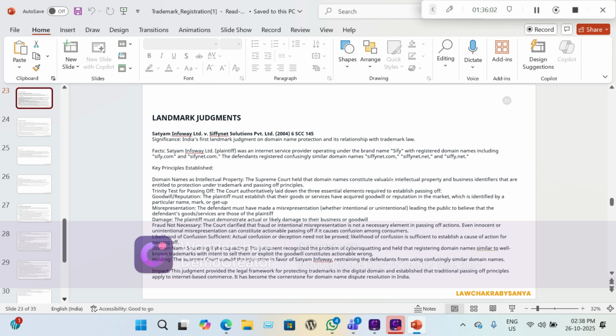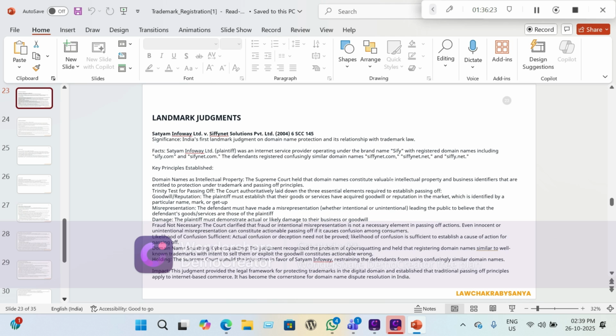For the first time, the Supreme Court held that a domain name is also intellectual property, and any infringement in domain names can also be considered as infringement of trademark. This judgment provided the legal framework for protecting trademarks in the digital domain and established that the traditional principles of passing off apply to internet-based commerce.